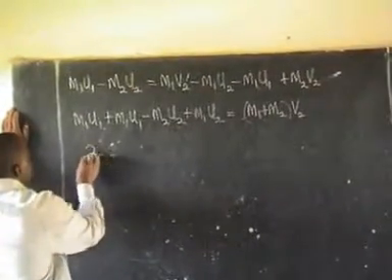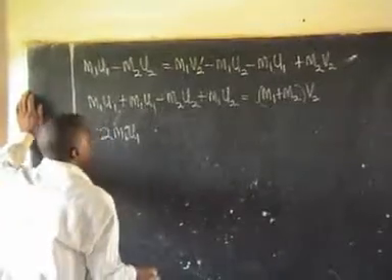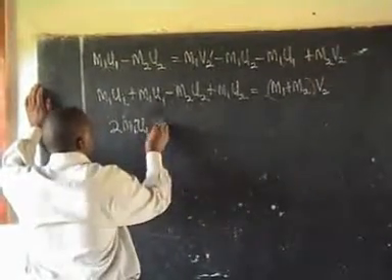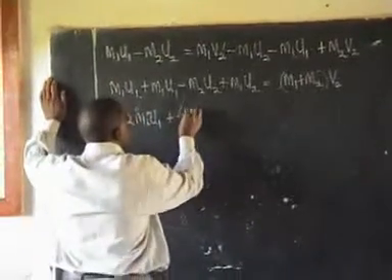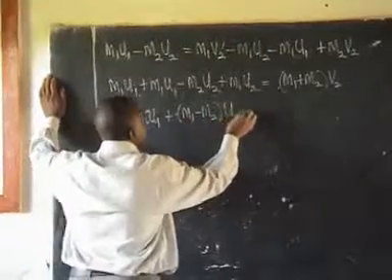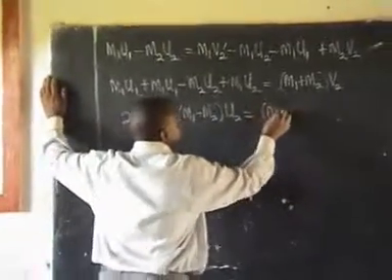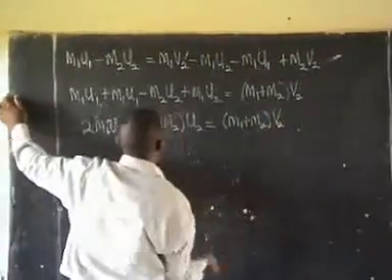You shall get 2 M1 u1 plus bracket (M1 minus M2) u2 is equal to (M1 plus M2) v2.